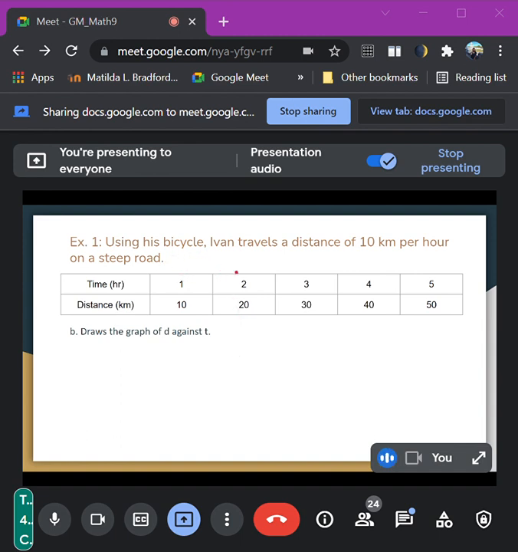Since, class, you are given a table man, so you're just going to use the ordered pair here. So you can use 1 as your x and then 10 as your y. 2 as your x, 20 as your y. And then 3 x, y is 30, 4 x, 40 is y, 5 is x, and then 50 is your y.